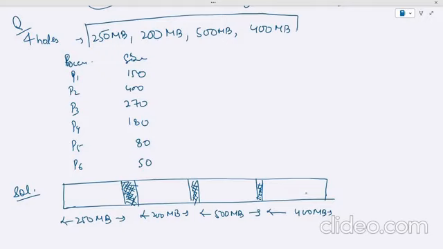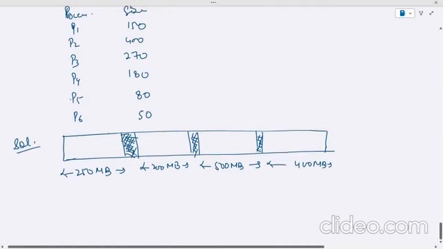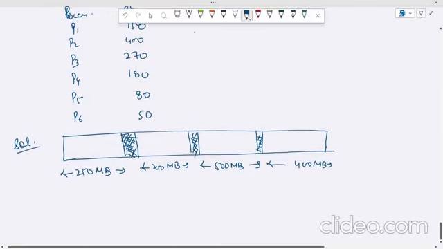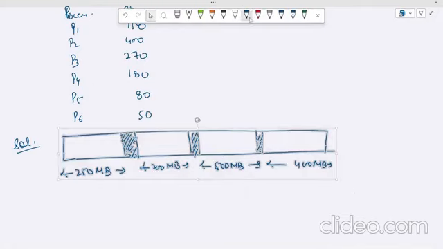Now you have to perform best fit, worst fit, and first fit. First of all, we are solving this by first fit. Try it by yourself, pause the video, and then let's solve this question.